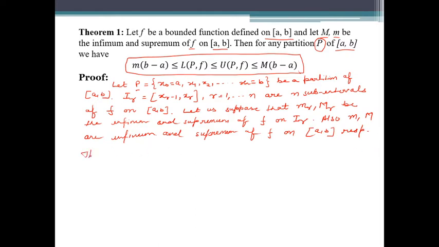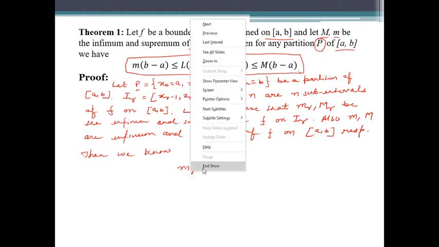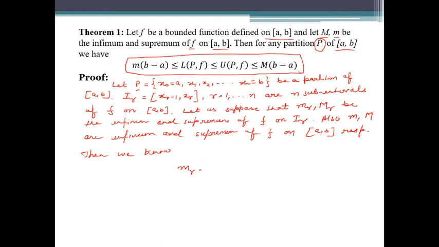Then we know that m is less than or equal to m_r, which is less than or equal to M_r, which is less than or equal to M. This inequality holds because m_r is the infimum in the subinterval I_r and small m is the infimum in the closed interval [a, b].